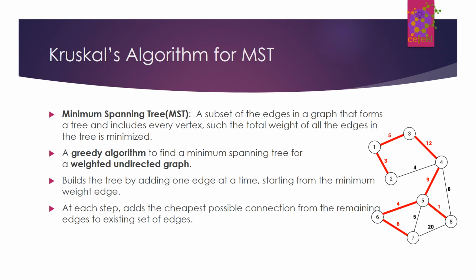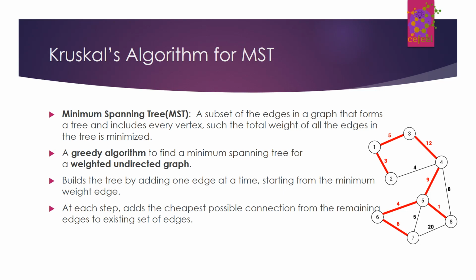So again, Kruskal's algorithm is also a greedy algorithm where it tries to optimize at every step. At every step it tries to see the minimum possible weight of the edge to be chosen, and it adds it to the tree. It differs from Prim's algorithm in a way.